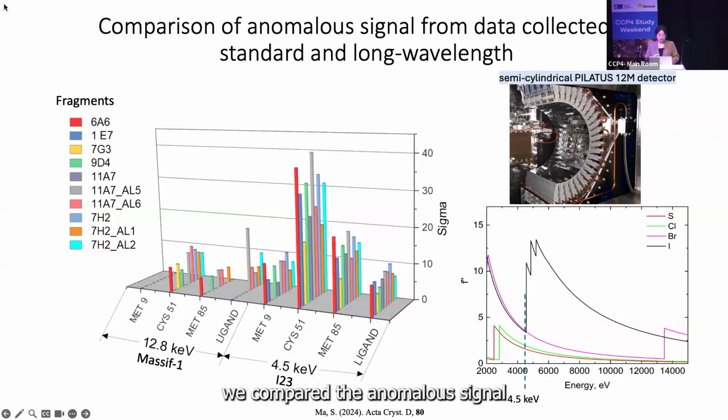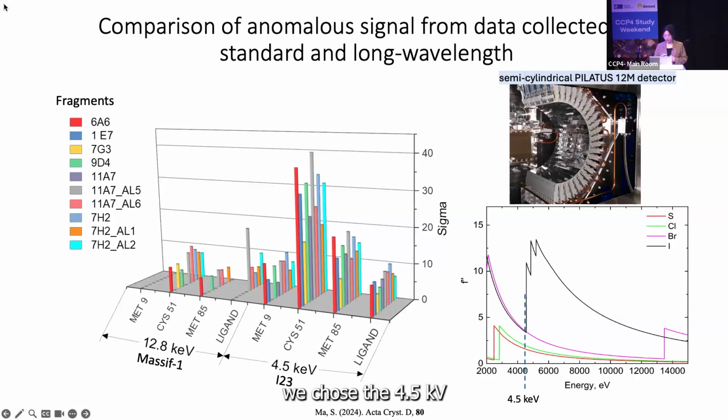We compared the anomalous signal of sulfur from sulfur-containing amino acids and fragments from data collected at 4.5 keV at I23 and at 12.8 keV from another advanced beamline, ESRF MASSIF-1. Obviously, the anomalous signal of sulfur can be observed consistently to a high level from the data collected at 4.5 keV in the vacuum.